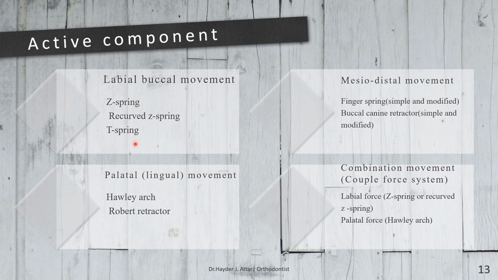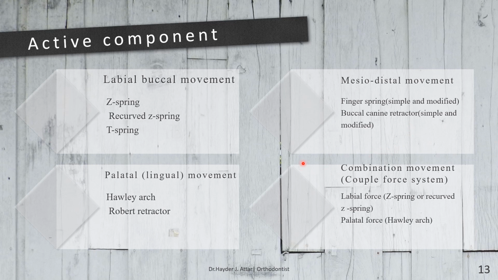Other types of active component are the springs that produce palatal or lingual tooth movement, which include the Hawley arch, Robert retractor. The springs that produce mesiodistal or distomesial movement include the finger spring, buccal canine retractor, and other springs.